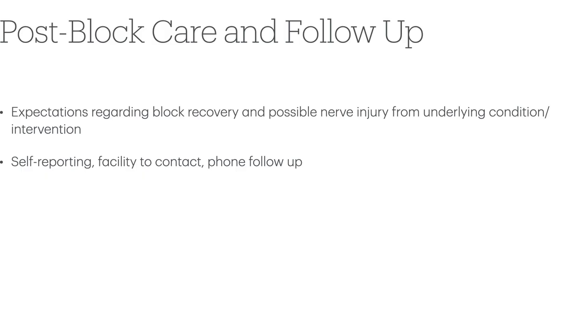They must always be clear that there might be nerve injury from the underlying condition or the intervention. And the previous speakers have already shown their examples of how to have a facility for self-reporting, to contact, or their own internal department phone call follow-up. So these are things that you have to consider as part of your local setup.